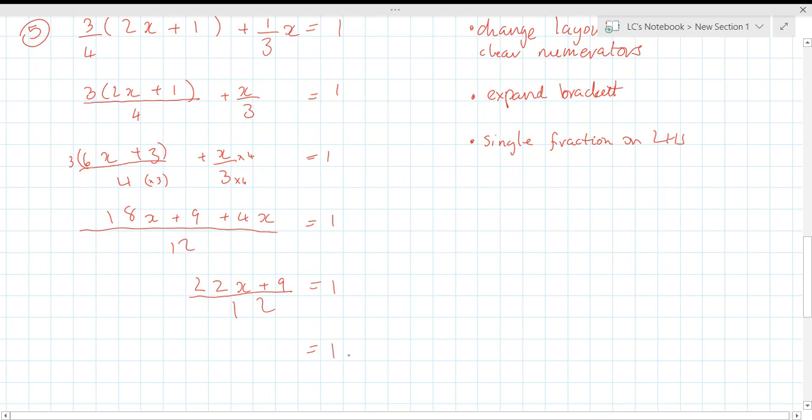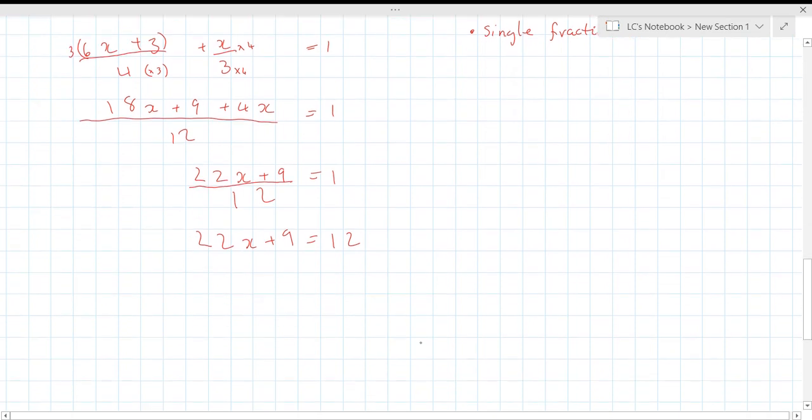We'll get rid of that fraction. So 12 is going to be equal to 22x plus 9. 12 minus 9 is 3, and I have 22x. So that means that x is going to be 3 over 22.